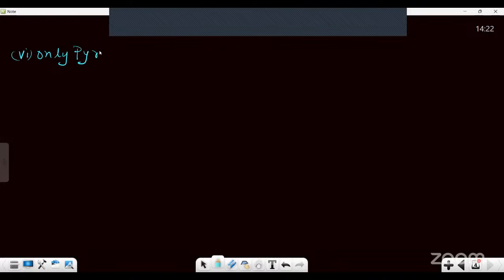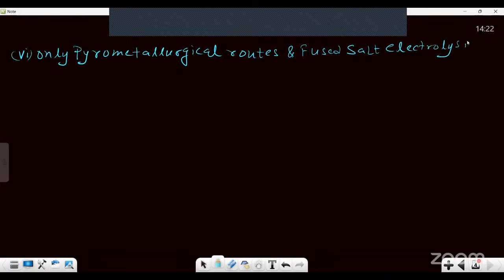So you can write: only pyrometallurgical routes and fused salt electrolysis can be used to extract highly reactive metals.